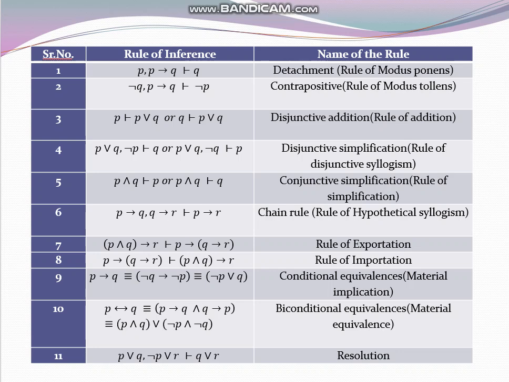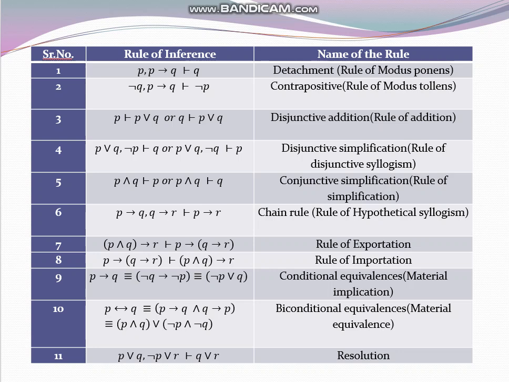The third one, disjunctive addition or rule of addition. P yields P or Q. So if P is true, then P or Q is always true, or if Q is true, then P or Q is always true.